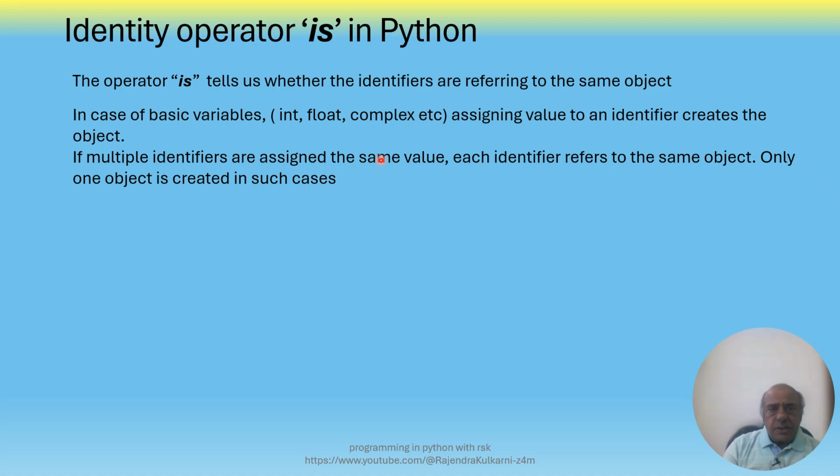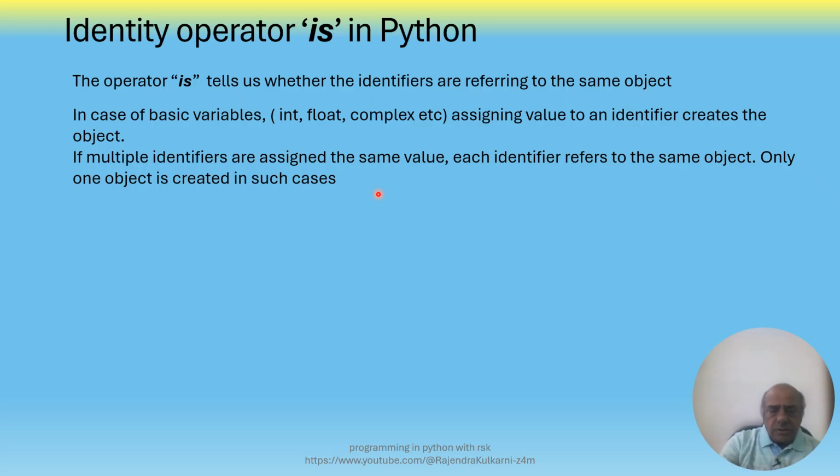If multiple identifiers are assigned the same value of int, float or complex or other basic variable, each identifier refers to the same object. Only one object is created in such cases.